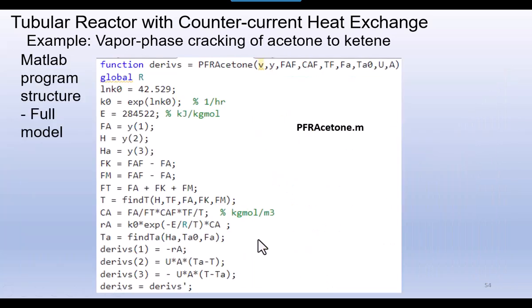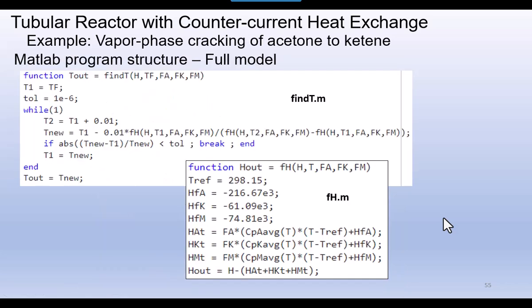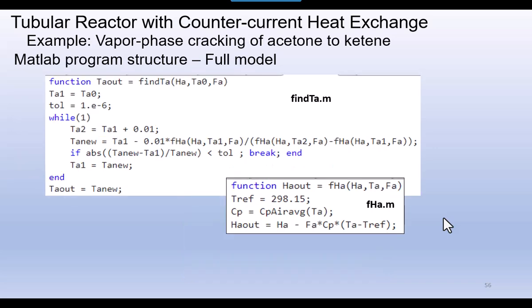And then this was computing the derivatives with the PFR acetone routine, and we pointed out how you use the fine T and fine TA to resolve those two algebraic loops from our information flow diagram. This was the one for find T. This was the one for find TA.